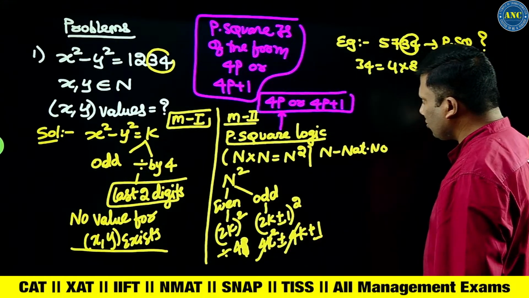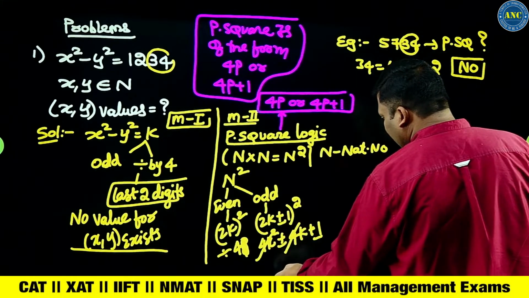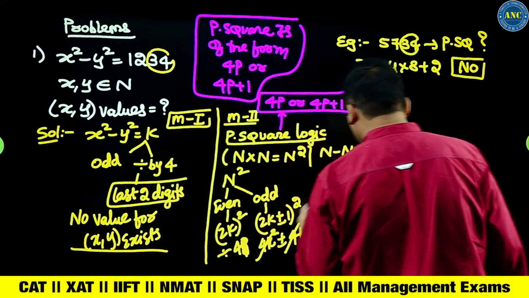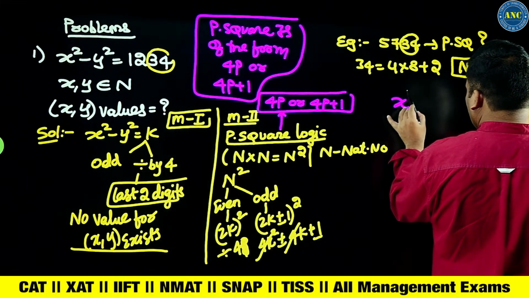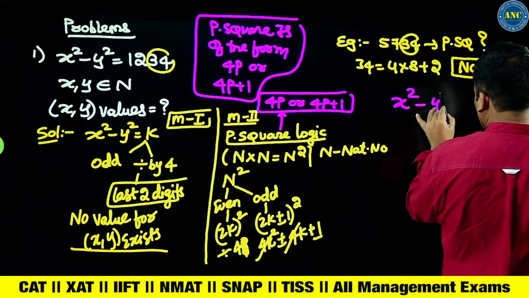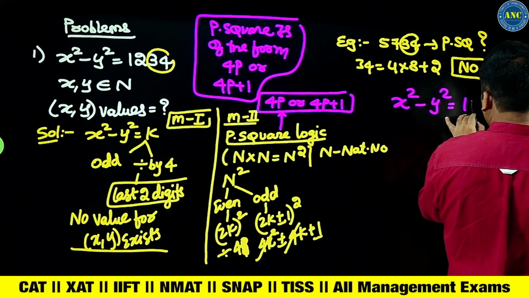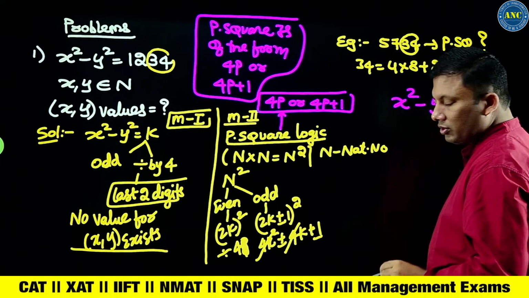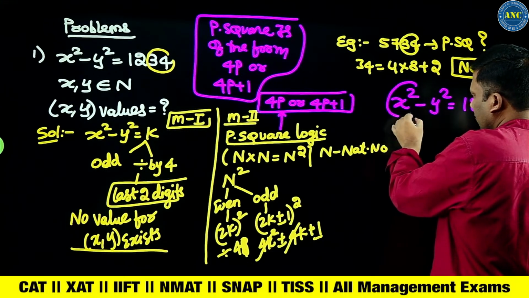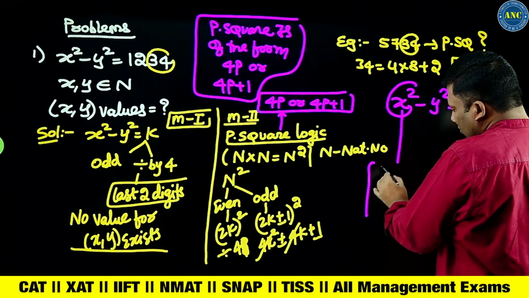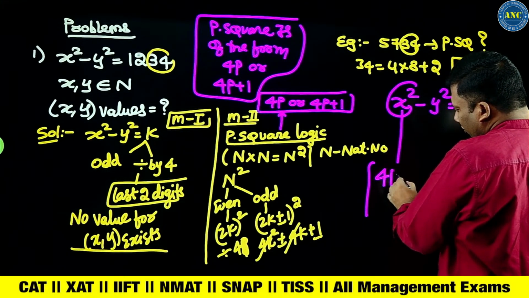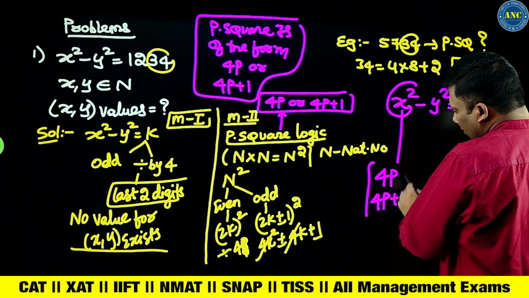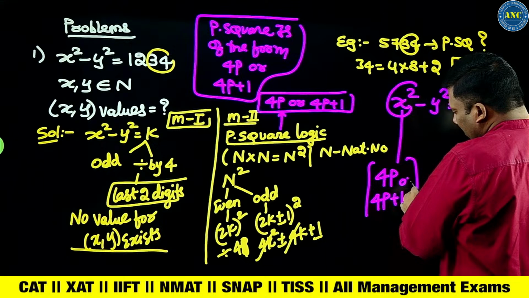Let us solve this question. Very beautiful way of solving the question. X square minus y square is equivalent to 1234. X square is a perfect square, so when divided by 4, it is perfectly divisible, or it gives a remainder 1.